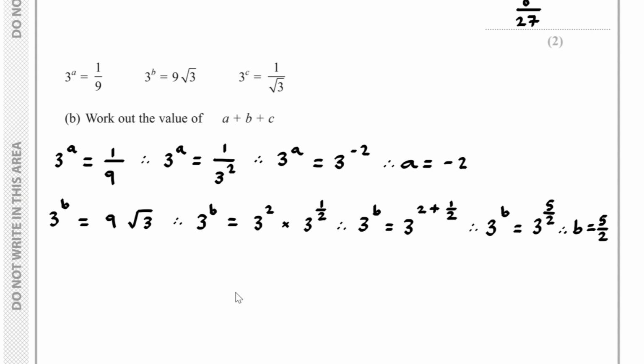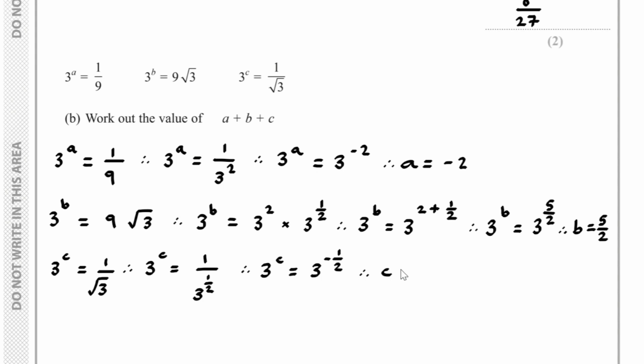to 5 over 2. And then I've got 3 to the power of c equals 1 over root 3. So 3 to the power of c is equal to 1 over 3 to the power of 1/2. So 3 to the power of c is equal to 3 to the power of negative 1/2.